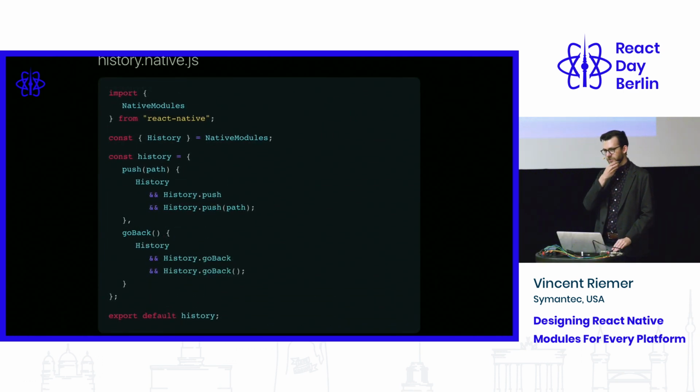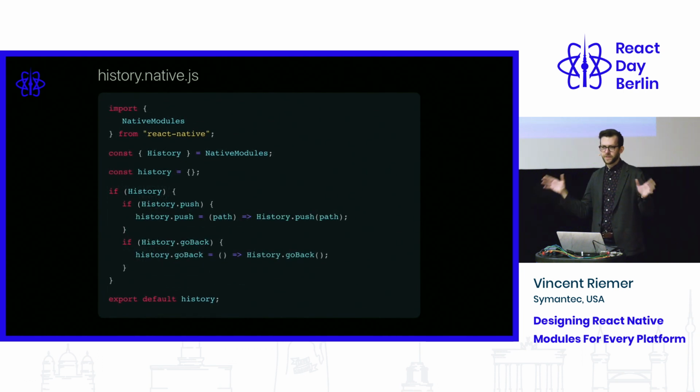So we can change it to history.native.js, and say, okay, this isn't actually specifically for the DOM platform. This is just the interface that it is run against. And here we're just being safe, checking, does history exist, and does history have the required functions, just like you do feature detection in the DOM.